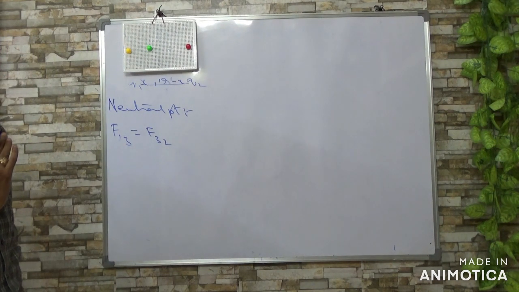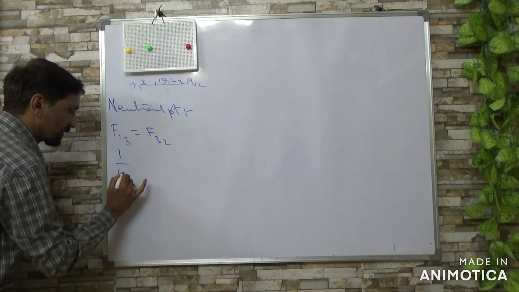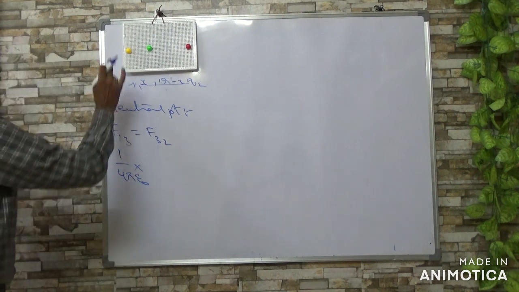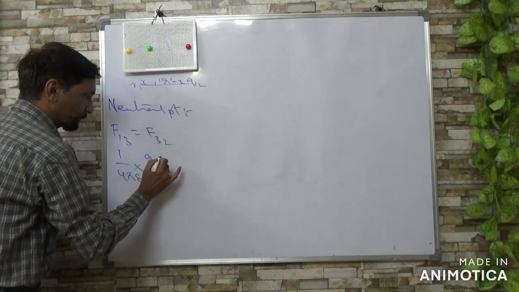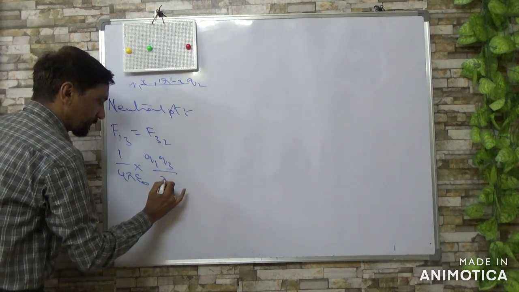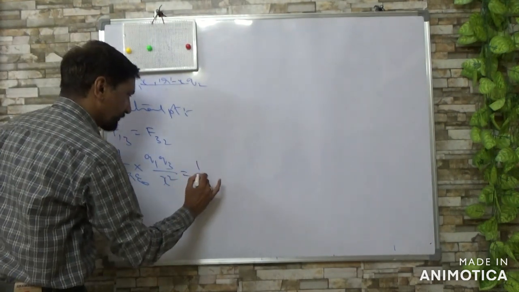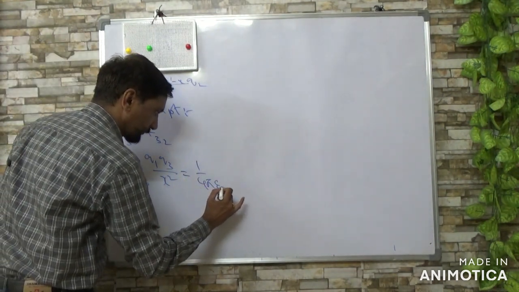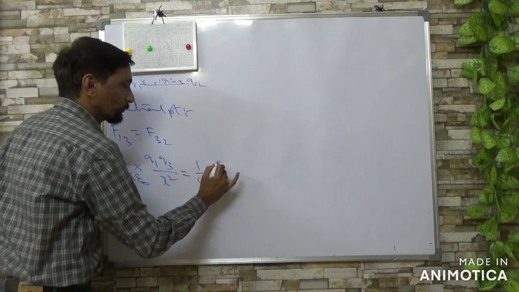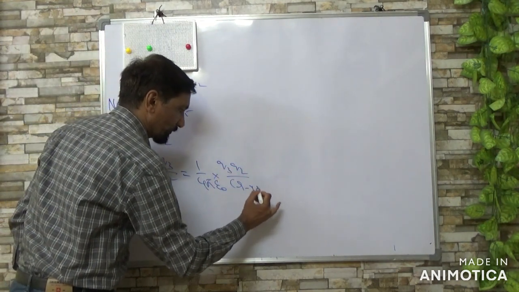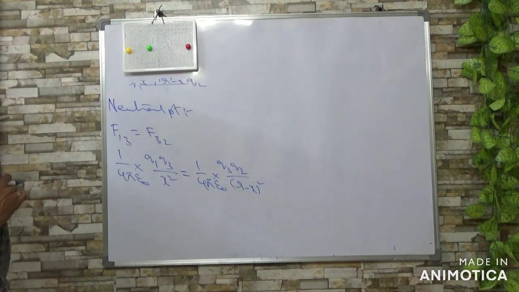Nothing but Coulomb's law. So 1 by 4 pi epsilon naught, q1 q3 by x square, is equal to the other one, 1 by 4 pi epsilon naught, q3 q2 by the distance of separation, r minus x, whole square.